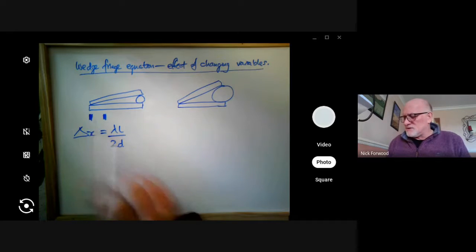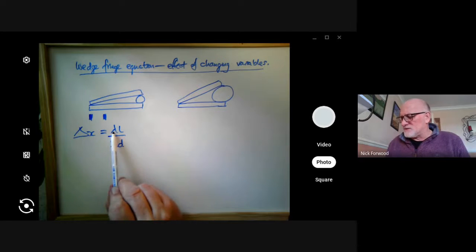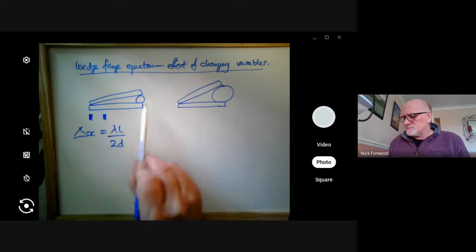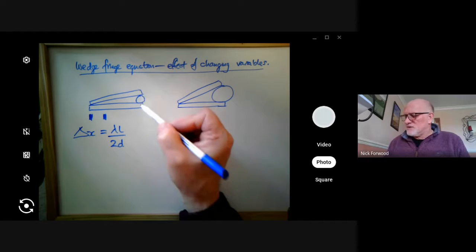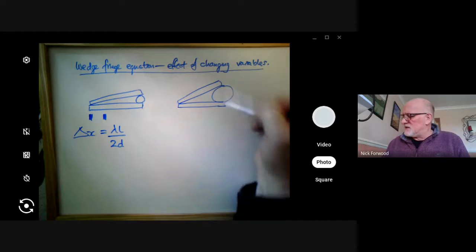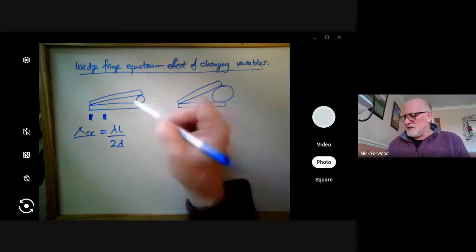That appears in this formula to depend on the wavelength of the light, how long the bits of glass are, and how far apart, that's D, the two bits of glass are at the end. And D here is much bigger than D here.